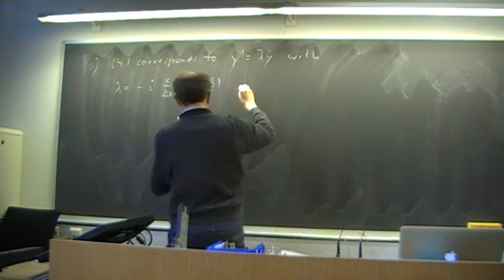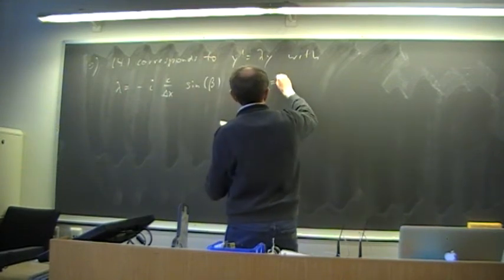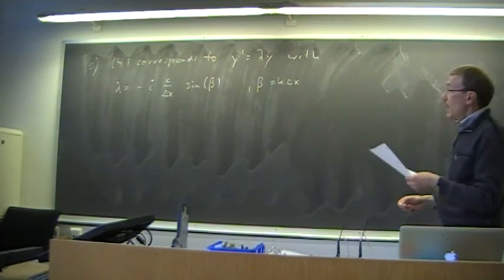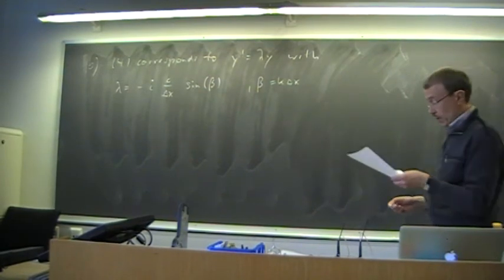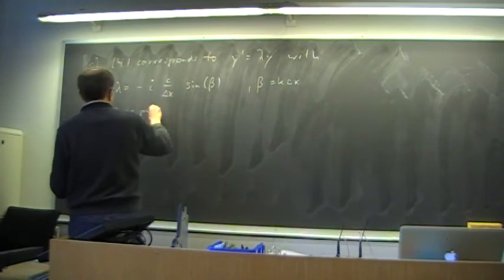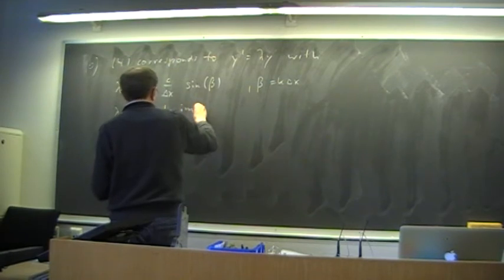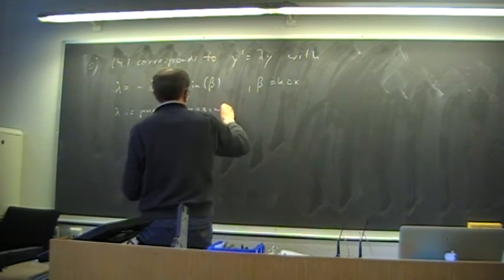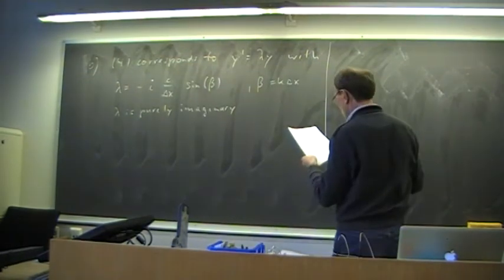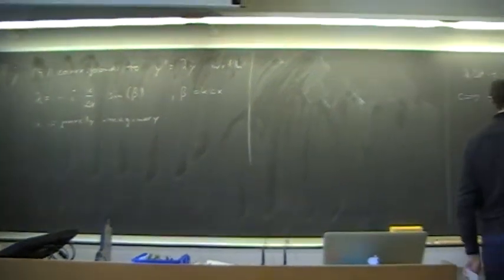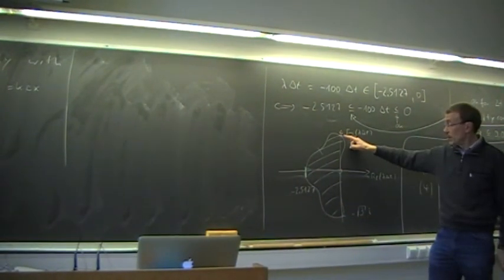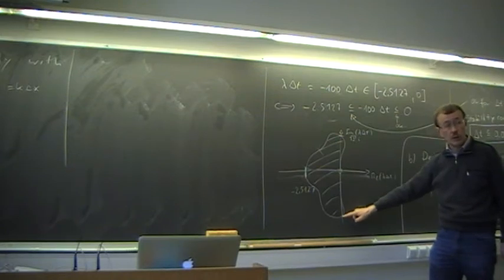Now I use theta here for the wave number k times the grid spacing. And we note that lambda is purely imaginary. So from that we can then conclude that lambda delta t must be in this interval here. Because if it's purely imaginary, then it must be on this line here to be stable.